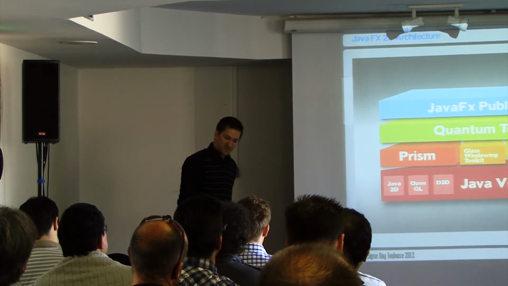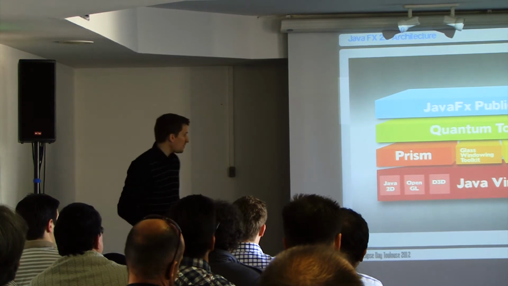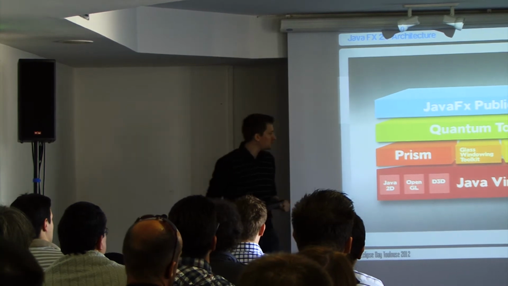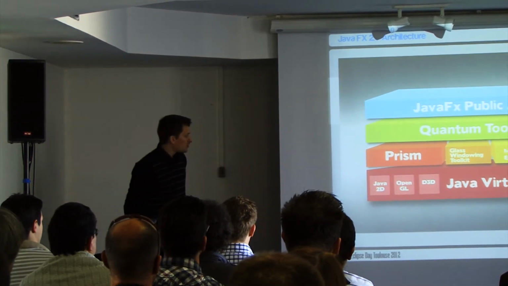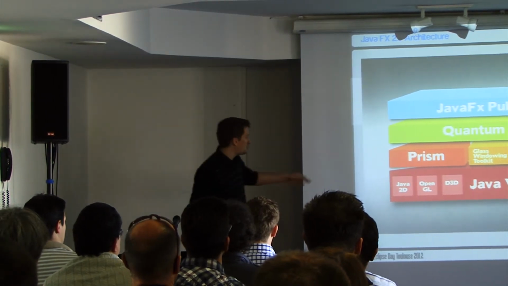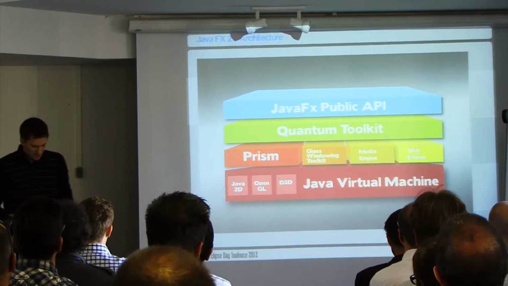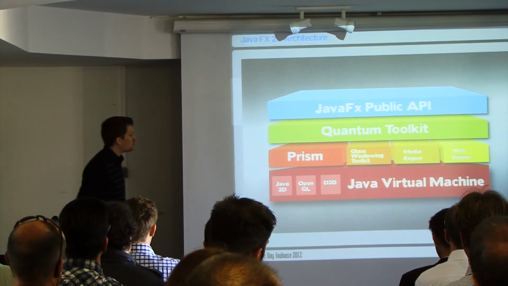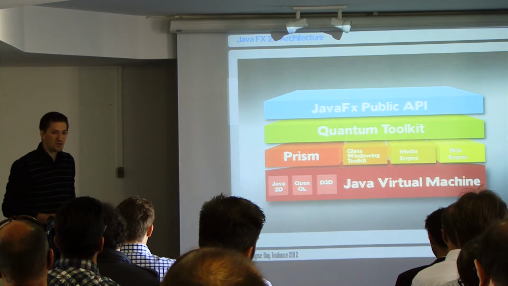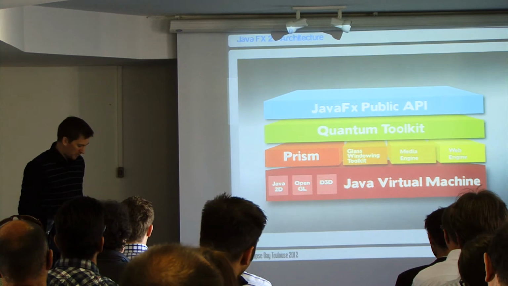Have a look at the JavaFX architecture. As developers, we will use only the blue layer, which is the JavaFX public API. The green layer is just an adapter between the public API and the private API of JavaFX. The public API contains more than 500 classes, so it's not a huge API.